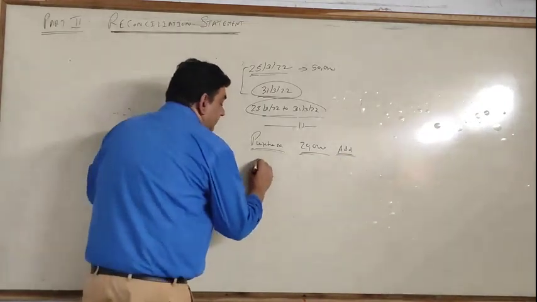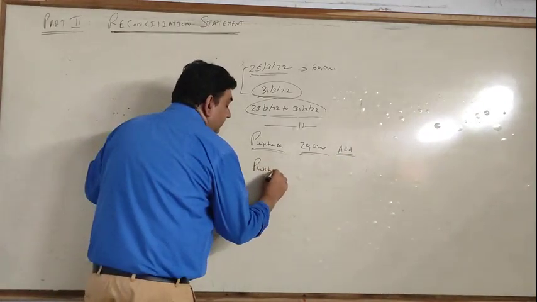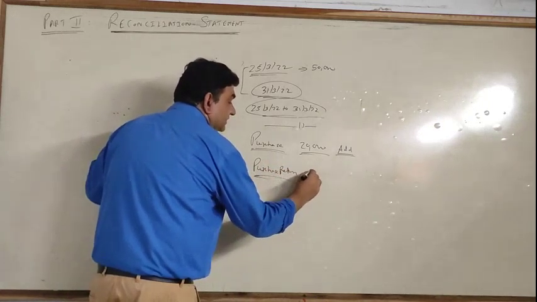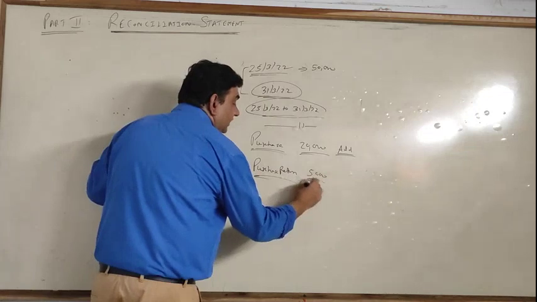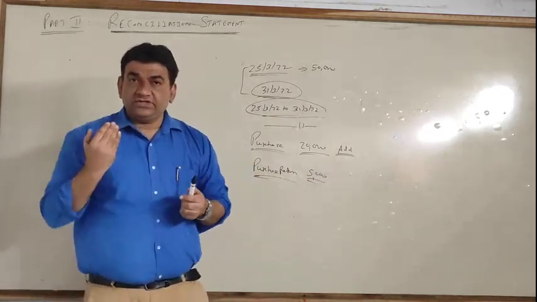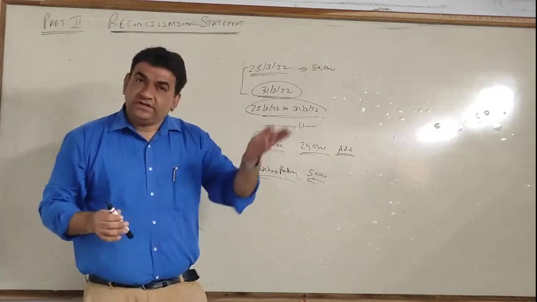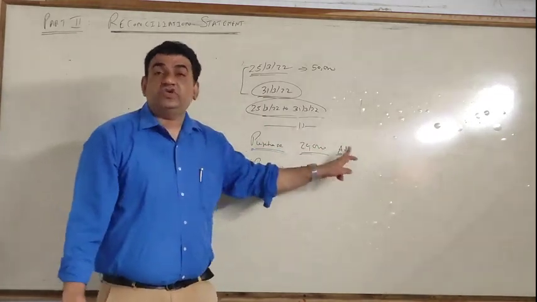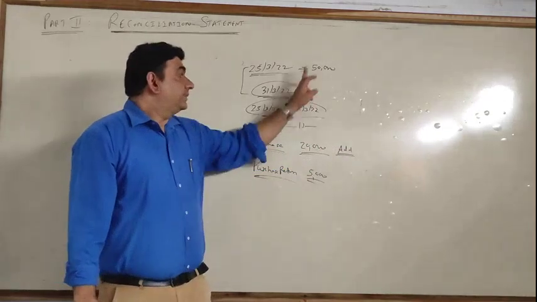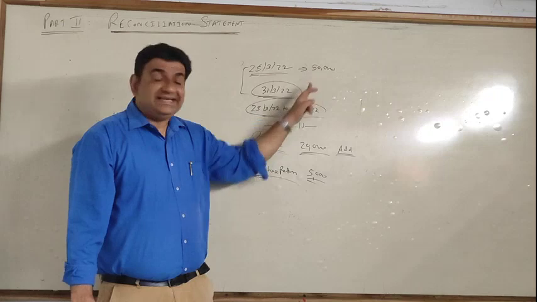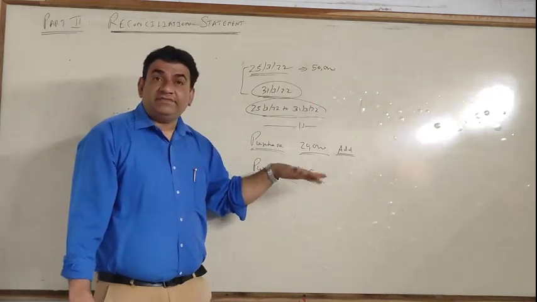Purchase return. Say for example, there is purchase return of 5,000. When I purchase, I get goods. When I return, goods go out. Purchase was coming in, so I added. Now, after this taking of 50,000, stock taking of 50,000, I have returned goods of 5.